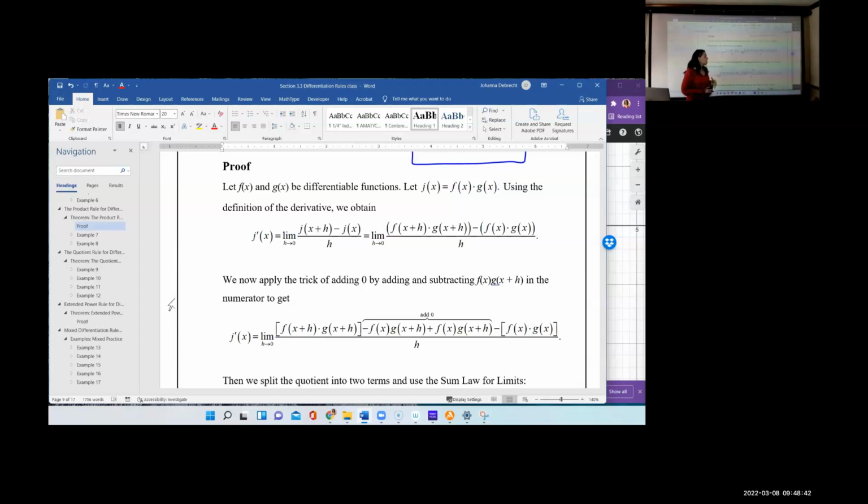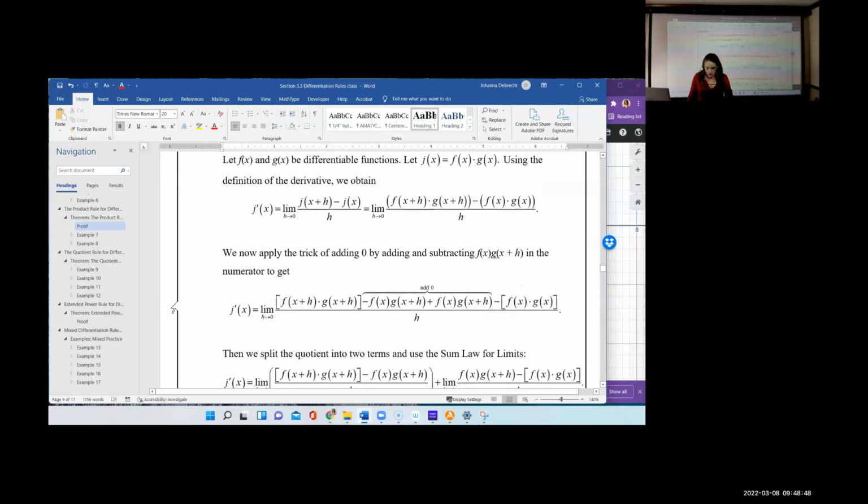Now we have to do a technique, or a trick. We call it a trick. It's really a technique of adding 0 by adding and subtracting the same term. And what we want to add and subtract is f of x times g of x plus h. So we subtract it and we add it in the middle.